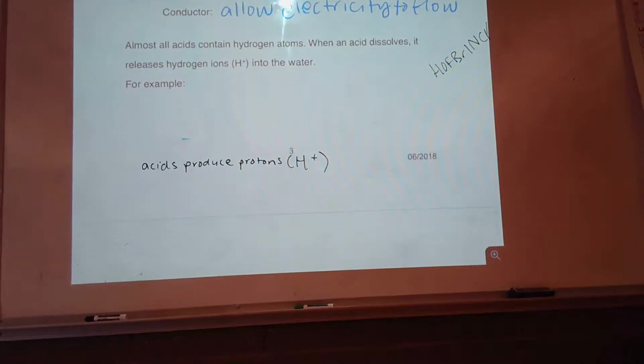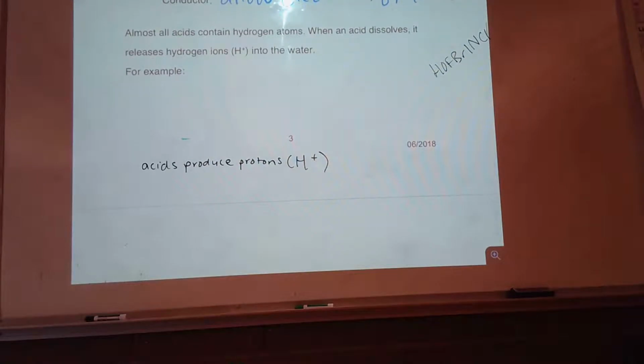Okay, and it says that right here, so almost all acids contain hydrogen atoms. When an acid dissolves, it releases hydrogen ions into the water. So for example, we were talking about hydrochloric acid, which is HCl. We usually show the acid, so HCl, with an arrow, splitting up into H plus and Cl minus.